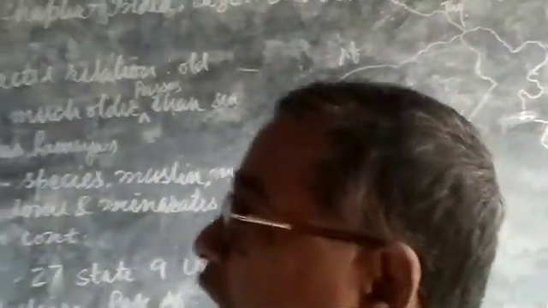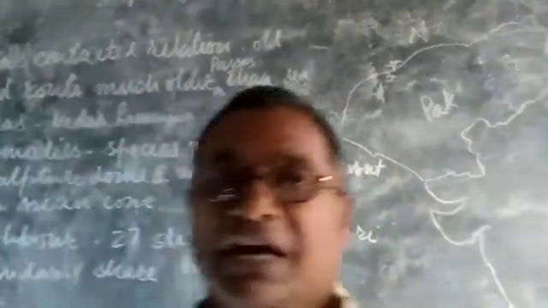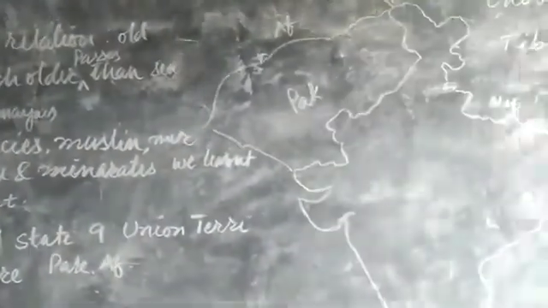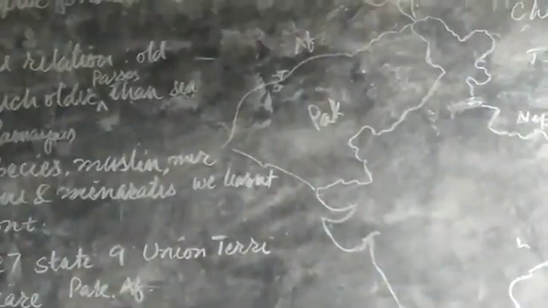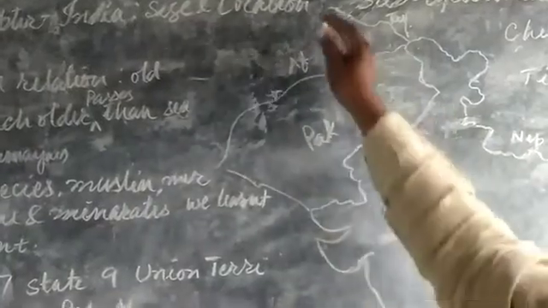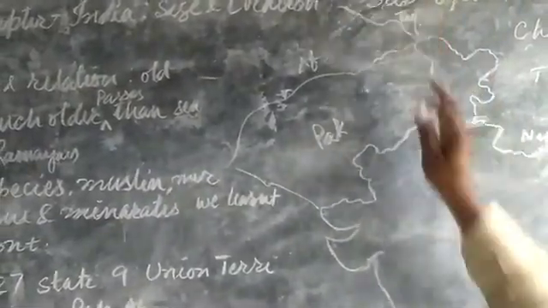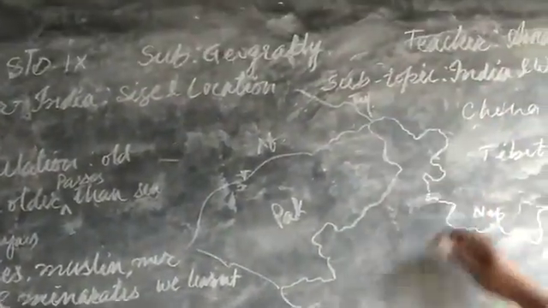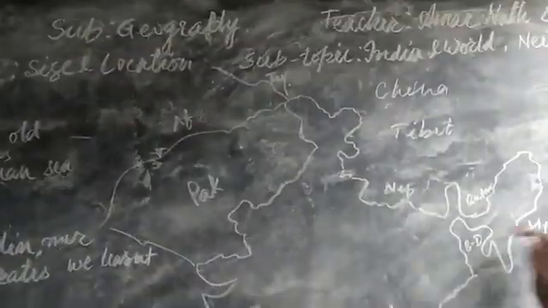So these land boundaries provided favorable conditions to boost trade relations between India and Pakistan, India and Afghanistan, India and Tajikistan, India and China, India and Nepal, India and Bhutan, and many others.